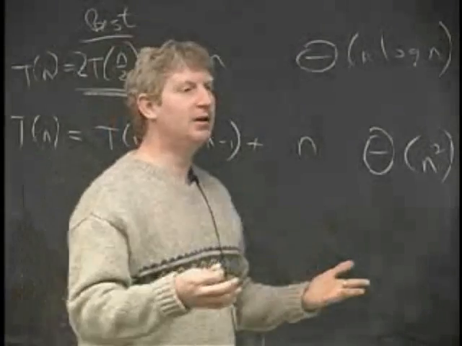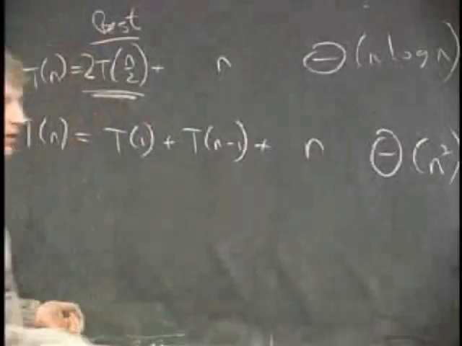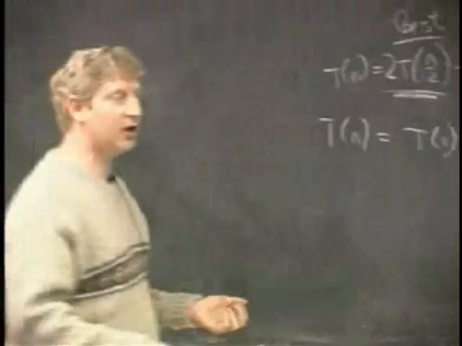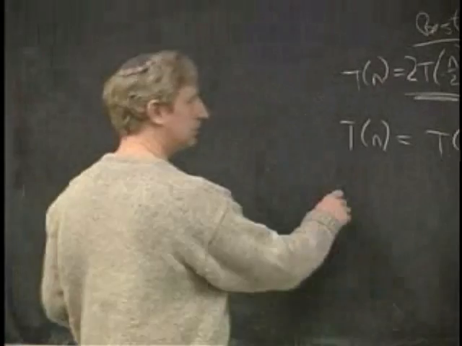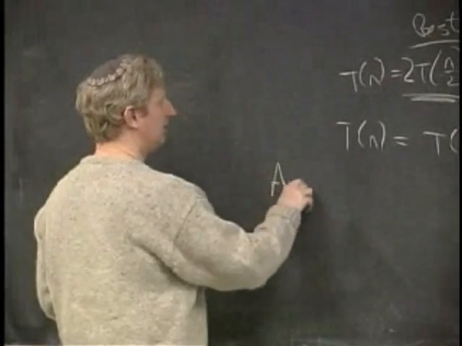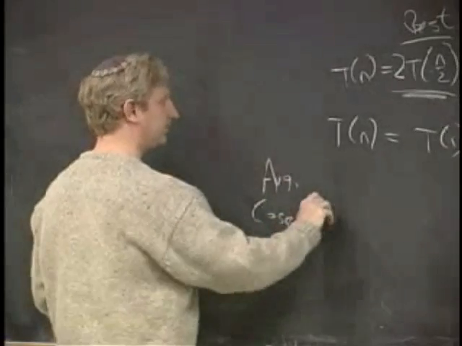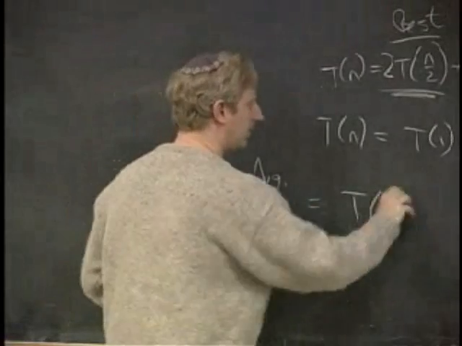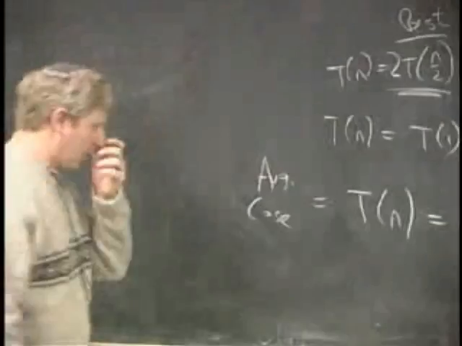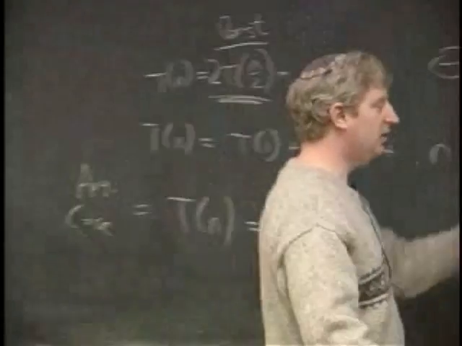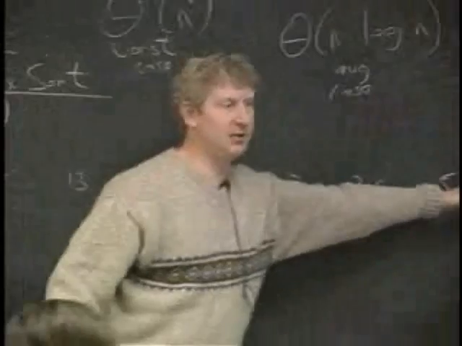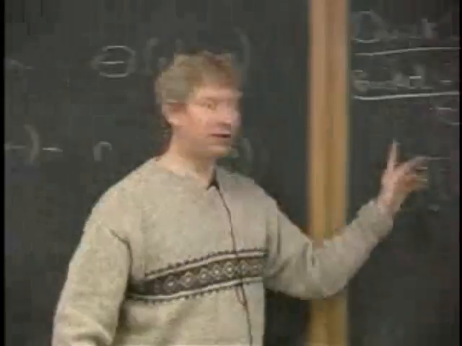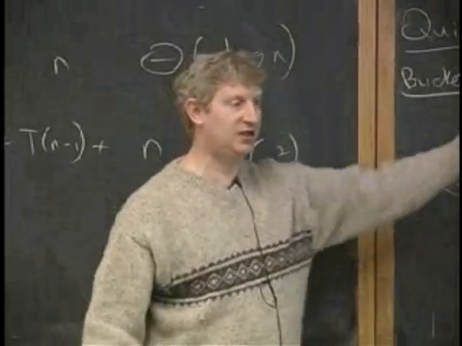So let's write an average case recurrence equation. It isn't so tough to write it, it's just hard to solve it. Here's the average case for Quicksort. Well, how many cases do we have? We're going to divide up all the possible cases into n possibilities, where the partitioned element can end up in any one of these spots.